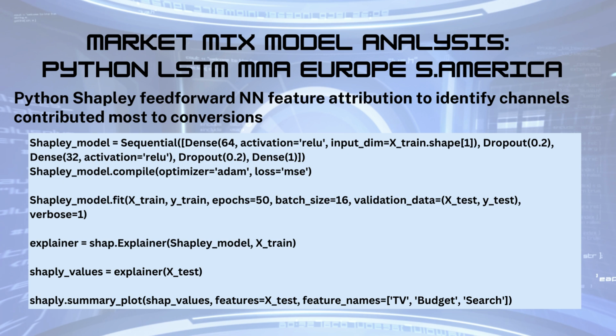The Shapley model will have a fit and a validation. Again, you've got to experiment and get the right epochs and compare models. Then we have the SHAP explainer on the trained model, and we're ready to go with a summary plot, and then we're in business. As you can see, we had features like TV, budget, and search. You can do other things. We'll talk about that later.